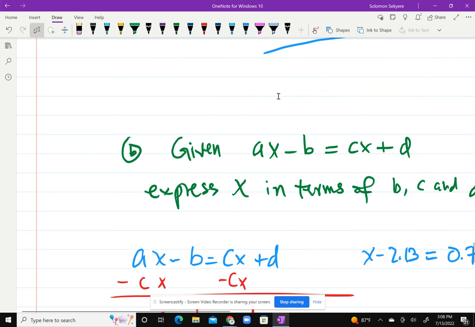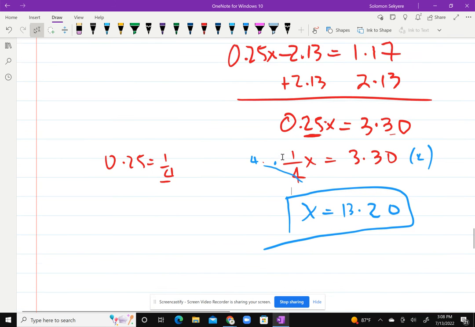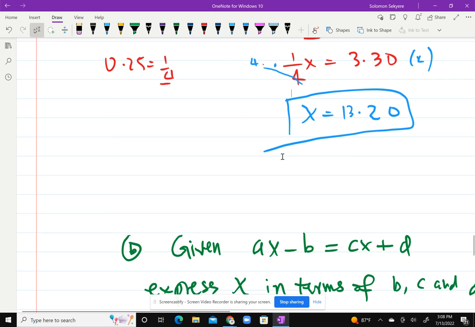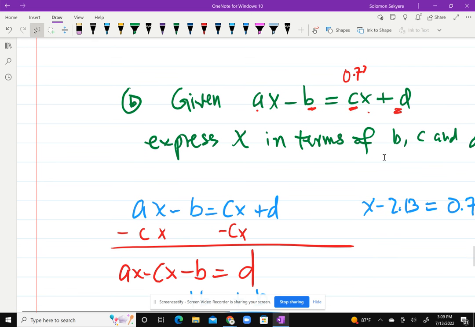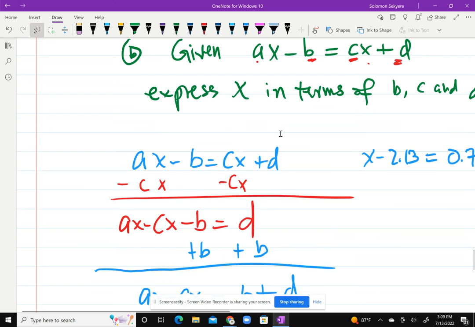Now, this side here, it's just like that side, but in place of numbers like 0.75, 1.17, you've been given other constants. So look at your constants A, B, C, and D as numbers and then just follow the same procedure as you would in solving one variable equations.